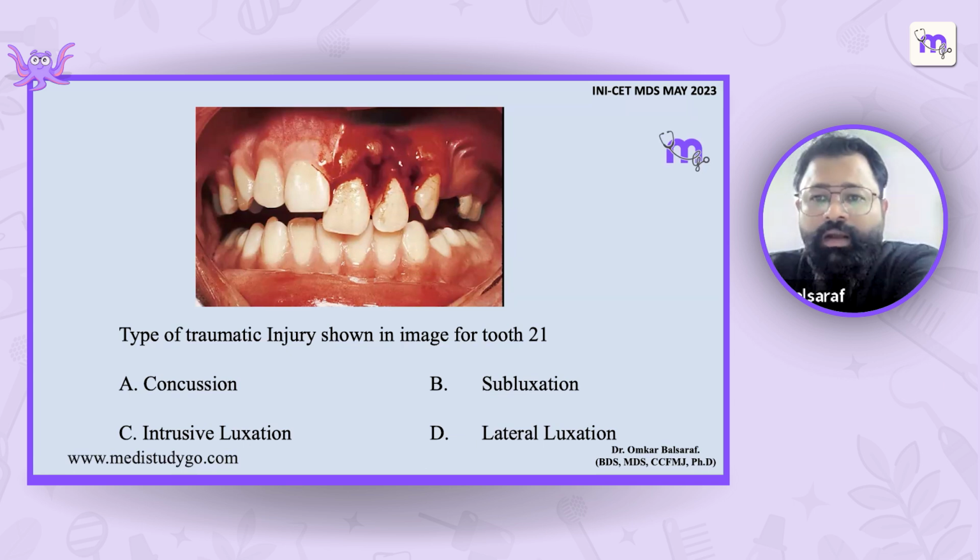They can ask you treatments of avulsed teeth, treatment of any kind of other injuries, or they can show you such pictures and ask what kind of injury it is. So, type of traumatic injury shown in the image for tooth 21: option A concussion, B subluxation, option C intrusive luxation, and D lateral luxation.